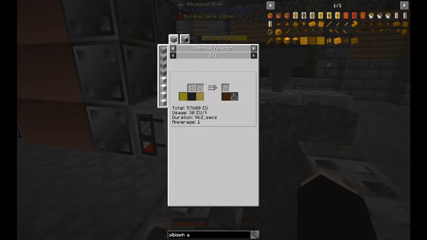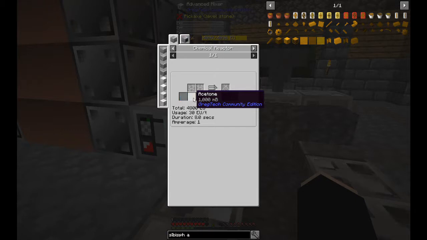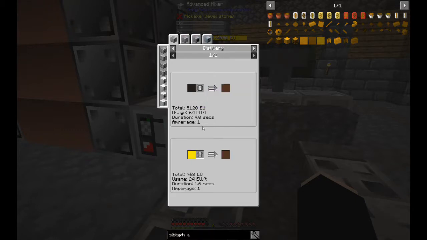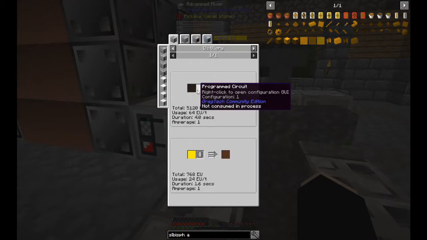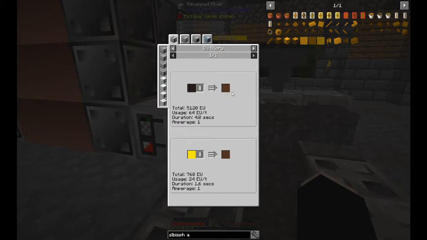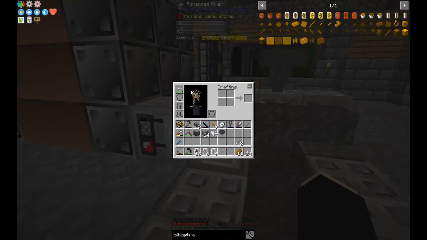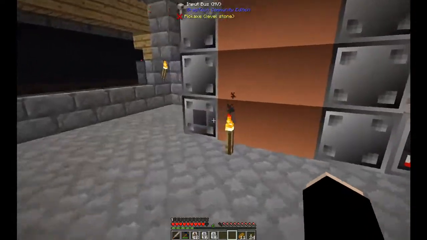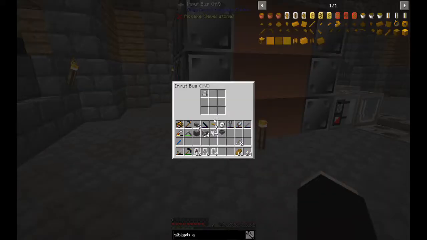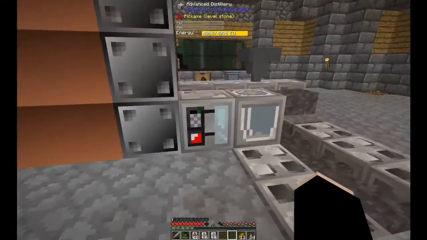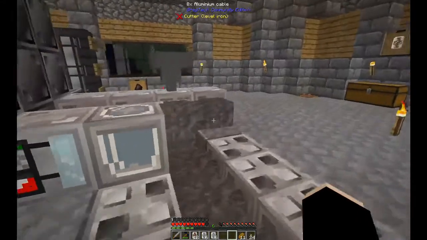Anyway, I went for the other route of phenol using wood tar in the distillery. Now, 1 bucket of wood tar gives 75 millibuckets of phenol. That is really bad yields. I ended up sifting 40 stacks of wood. 40 stacks of wood gave me 18 buckets.